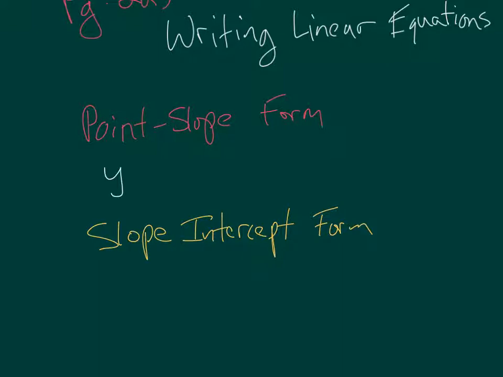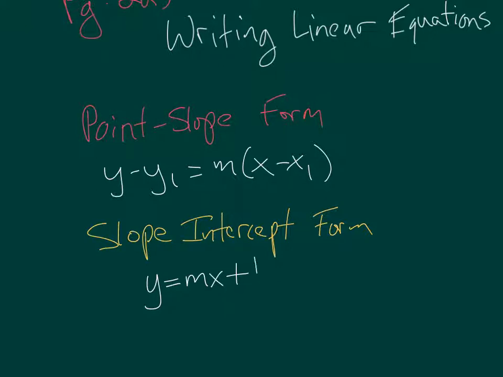Point slope is y minus y1 equals m times x minus x1, and then slope-intercept form is y equals mx plus b. Now these two things are actually exactly the same, just different ways of expressing the same thing. They're useful in different situations.